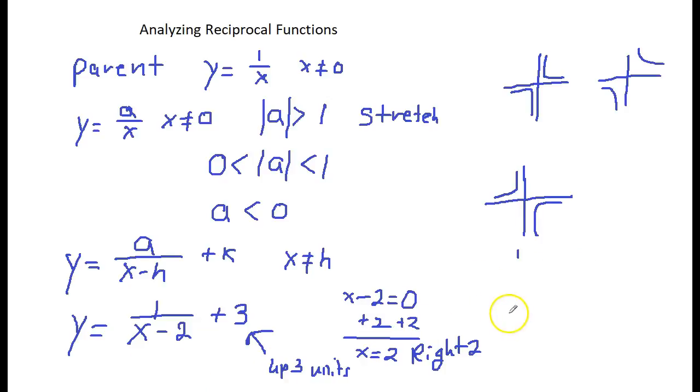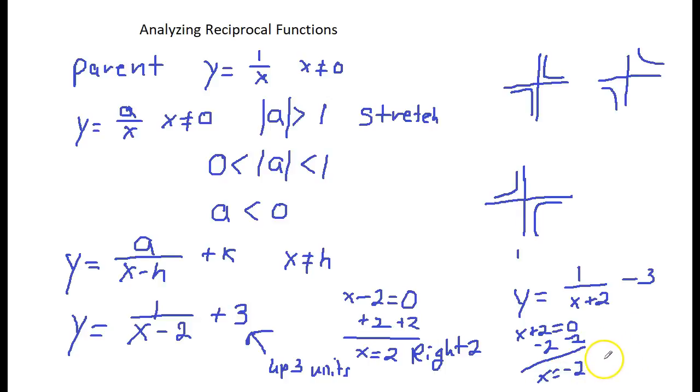Now, what if this denominator, and we're just going to change the signs? So y equals 1 over x plus 2, and then we'll say we have a minus 3 out here. Well, if I took x plus 2 equals 0, subtract 2 from each side, I get x equals negative 2.